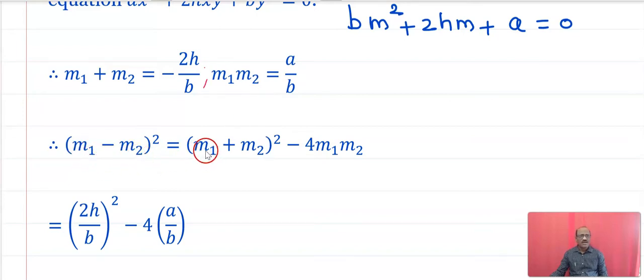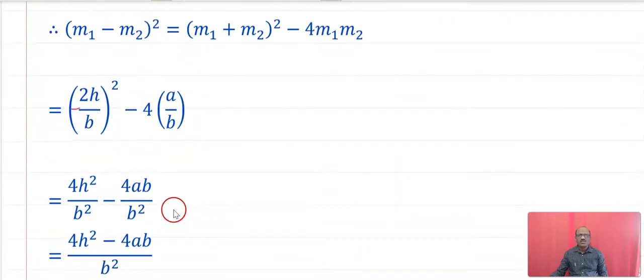Now substitute the value of m1 plus m2, which is minus 2h upon b, and minus 4 m1 into m2, which is a upon b.